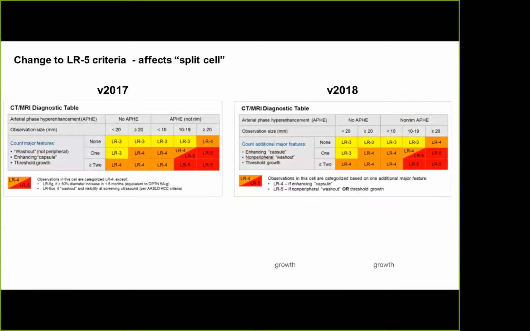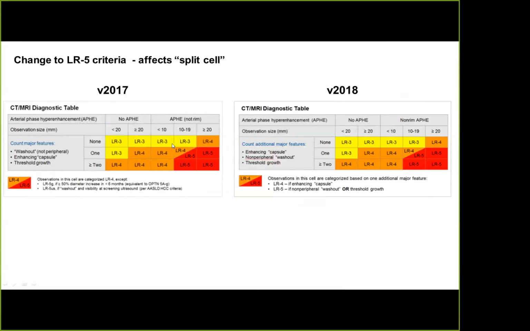And the most important change, which is the change to the LI-RADS 5 criteria, really affects the split cell. So I put up the two versions of the table, one from the 2018 core and another from the 2017 core. You can see the tables look pretty much the same. The header is slightly different. But the most important change occurred here, which is the explanation of how to approach the split cell diagnosis.